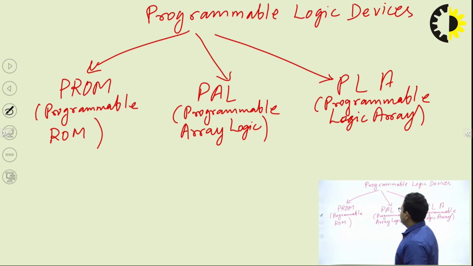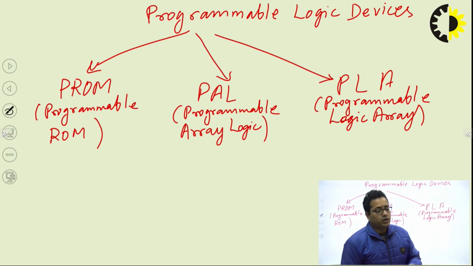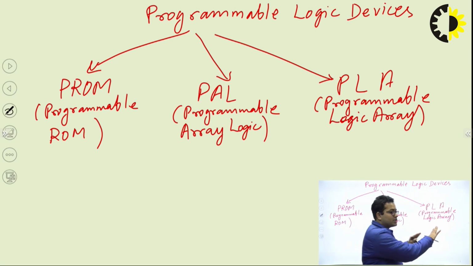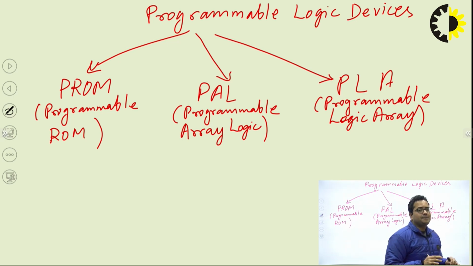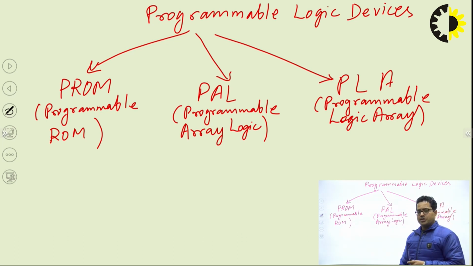So these are the different types of PLDs, these three basic devices that we are going to discuss. Although you can categorize two more, which are FPGAs and CPLDs, we are not going to concentrate on that. Whatever is inside your syllabus, we are going to concentrate on only those portions.